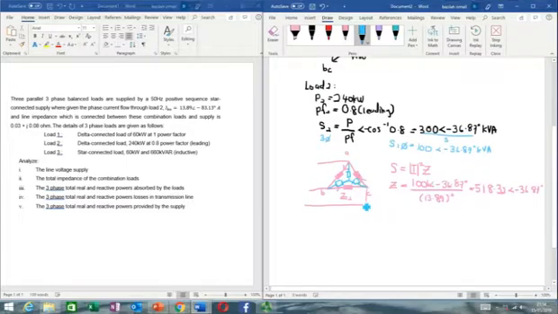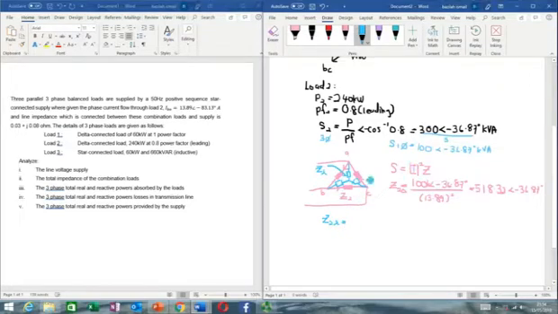So let's say this is Z2 delta and this is Z2 star.